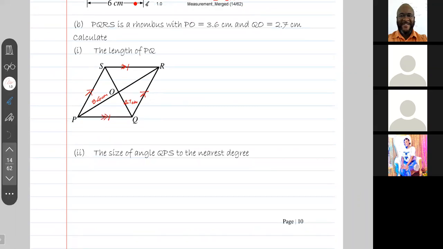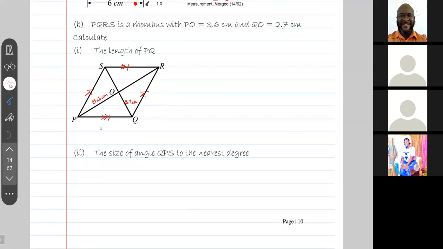What I did already is I placed in the figures as stated in the question. I placed in the length of PO, the length of OQ. We're asked to calculate the length of PQ.